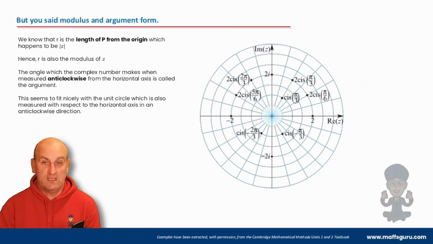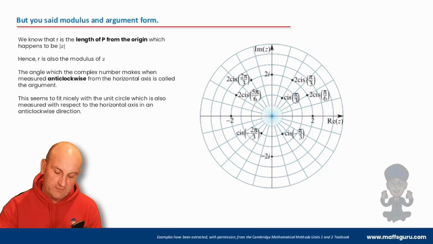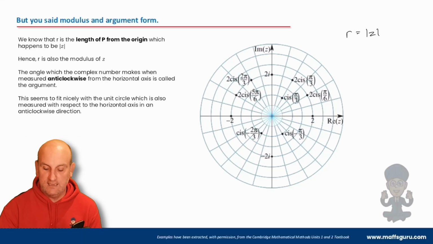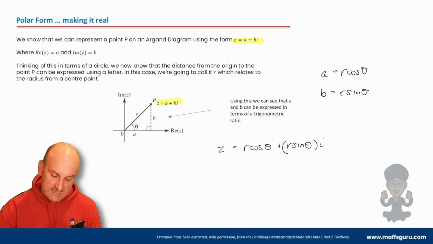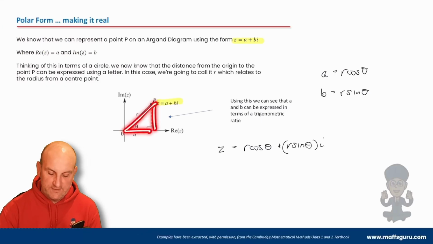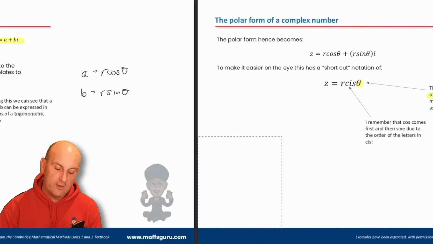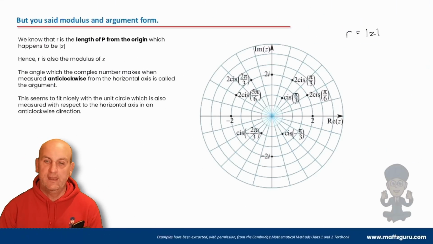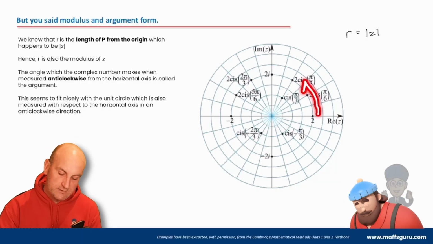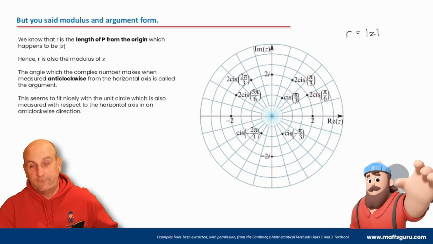Where did modulus argument form come from? Well, from previous theory, r is equal to the modulus of z. If we go back to my diagram, this distance here is a squared plus b squared, square rooted, so we can define the radius as the modulus of z. And the argument is an angle measured anti-clockwise from the x-axis.